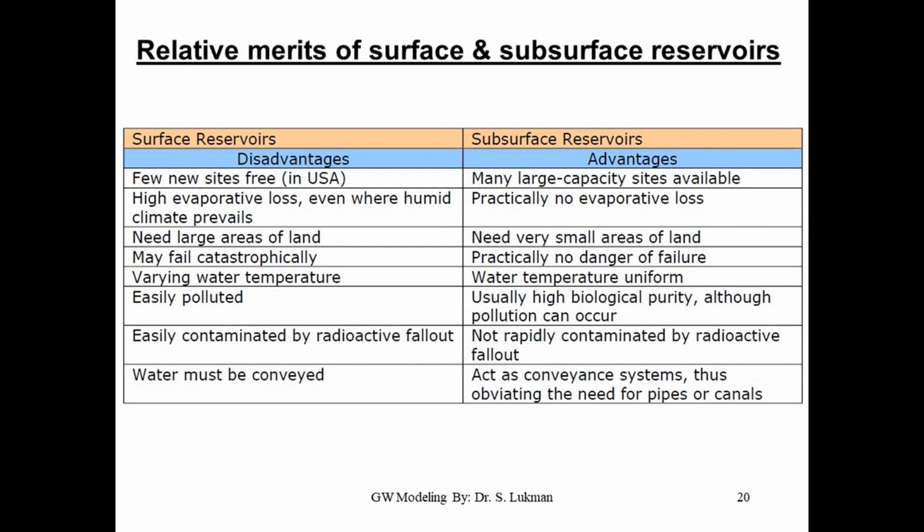This is another disadvantage, because if you do the water balance for a reservoir, you will realize that it has a high evaporative loss. Okay? A huge amount of water is lost daily as a result of evaporation. So it has high evaporation loss, even where humid climate prevails. Because when you have humid climate, there's already a lot of moisture in the atmosphere, which will in a way slow down the evaporation.